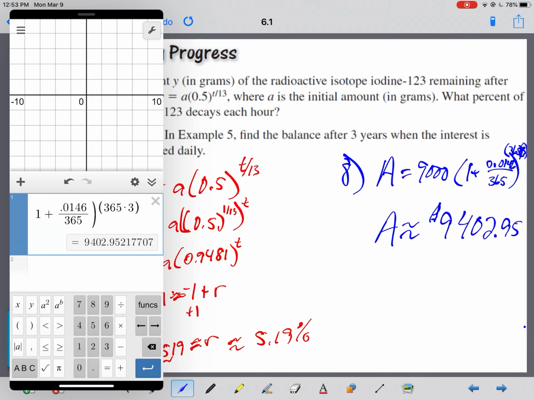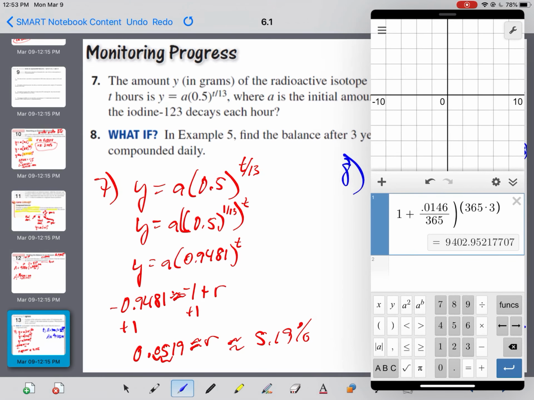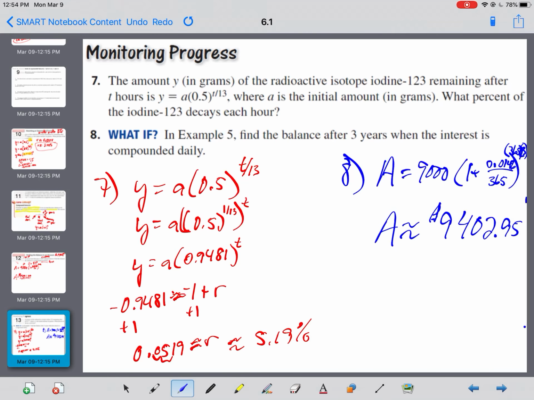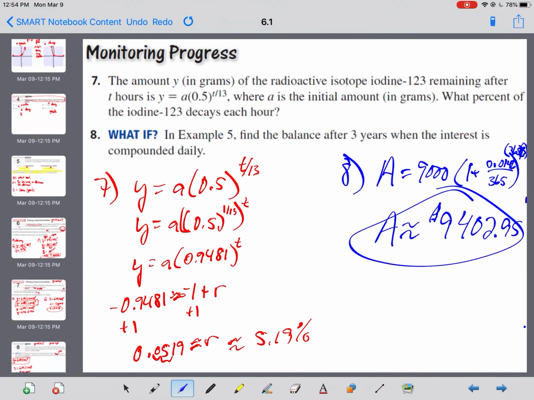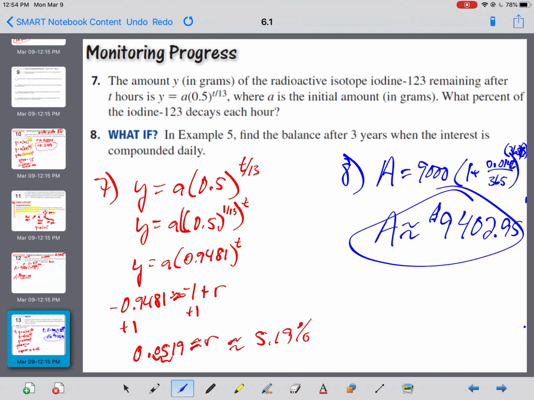So if it's compounded daily instead of every 3 months or quarterly, then you get $402.95. It's not a huge jump, but your percent rate is not a huge percent rate. You're only getting 1% each time they compound it. 1% is a very small amount of something, okay? But that's what you would get if you left it in there for 3 years. You get over $400.